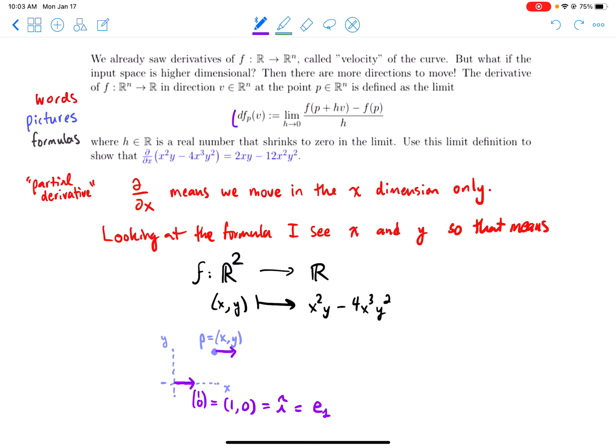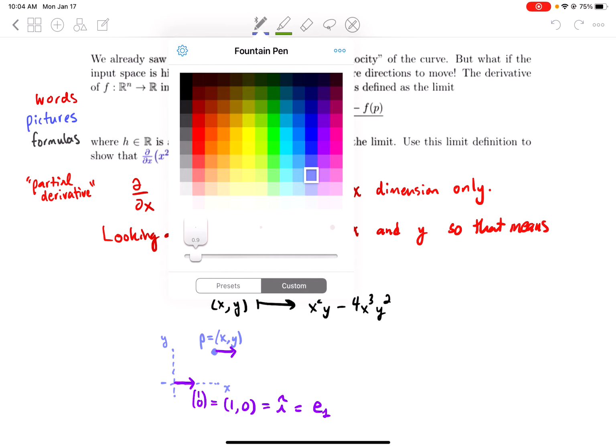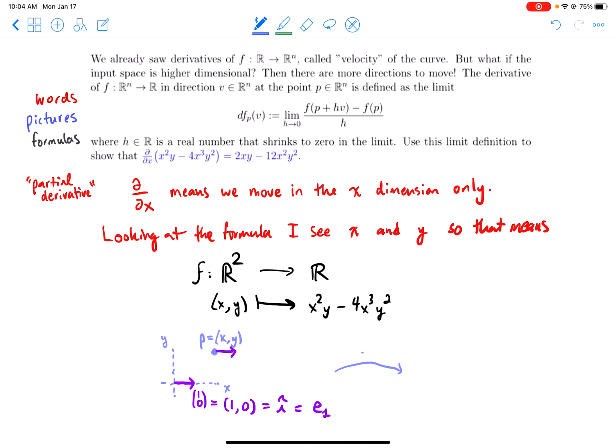Okay, the derivative of f at the point P in the direction v means we do this. So let's draw it in a picture. Then my map f goes to, well, the output space is R1. So there's my picture of R1.